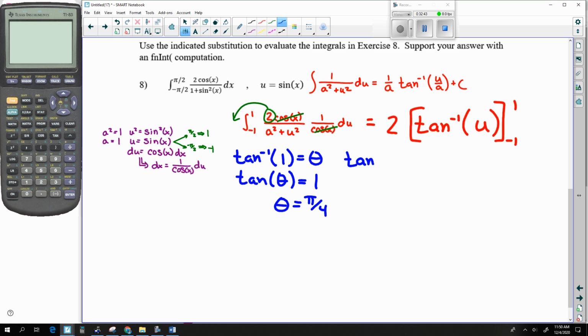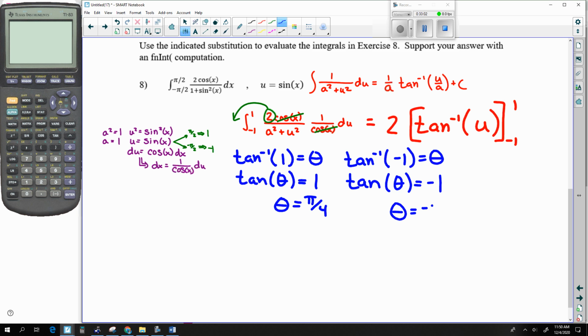Another one is the inverse tangent of negative 1. And so that means the tangent of my angle is going to be equal to negative 1. So that means the sine and the cosine are the exact same thing, but opposite signs.